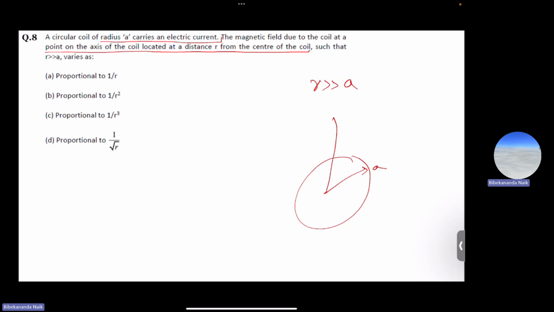So this is the axis and this is the distance r from the center of the coil. So this is the point P. So for r very much greater than A, what will be the dependence of B on r? That we need to find out. So I'll give you a few minutes and then we will discuss what will be the correct answer.